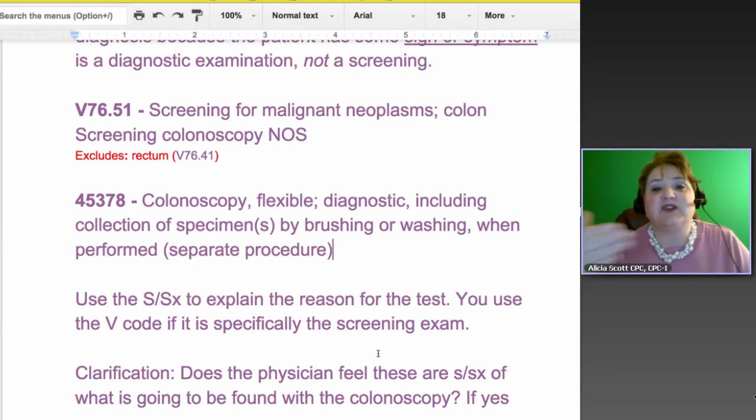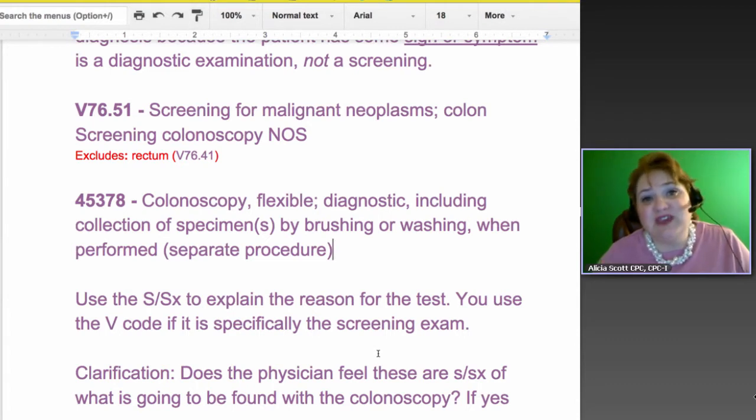And if they take some of those specimens, then again you can use this one, but then they've got codes for removal and add-on codes for numbers of polyps and things. Use the signs and symptoms, though, to explain the reason for the test.